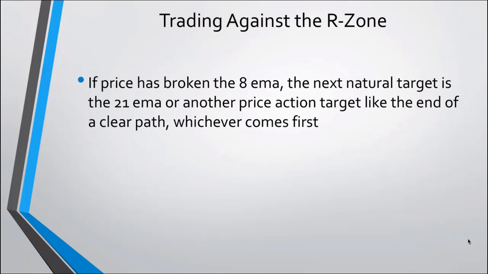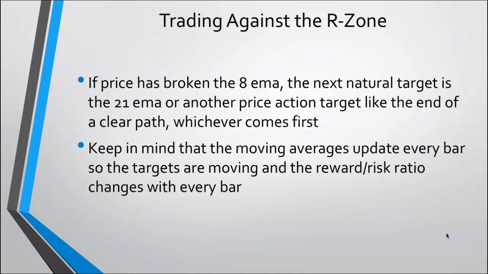Markets give you natural price targets, and you need to learn to find those. And when you're through the 8 EMA, a really easy one is the 21. Keep in mind the moving averages update every bar, so the targets are moving, and the reward to risk ratio changes with every bar. If we're using the 21 as a target or an 8 in the prior example, remember that it's moving.